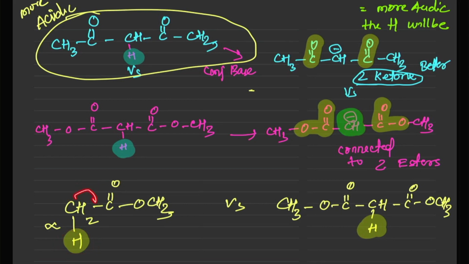Delocalization with one carbonyl is always less efficient than when you have two, so two is better. Here, once this hydrogen is gone, the negative charge can be delocalized to the left side and also to the right side.